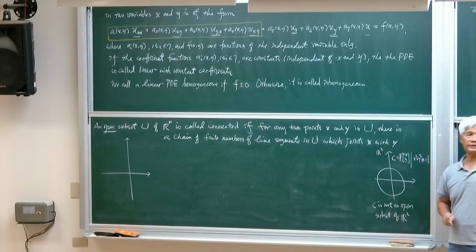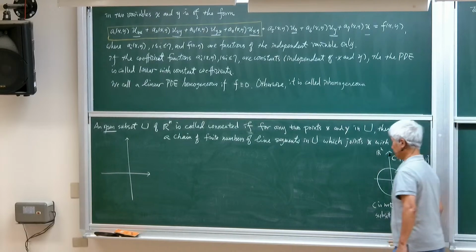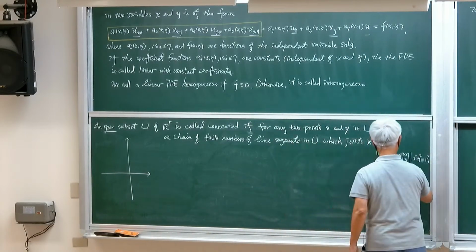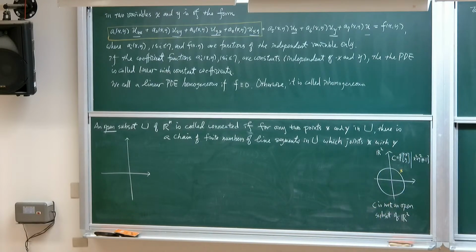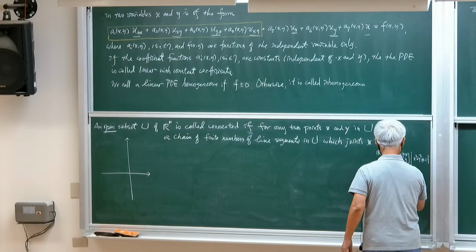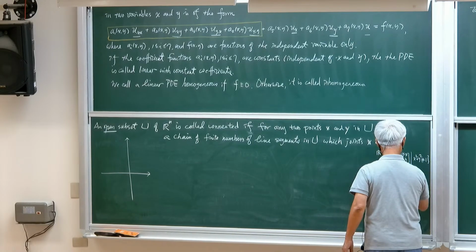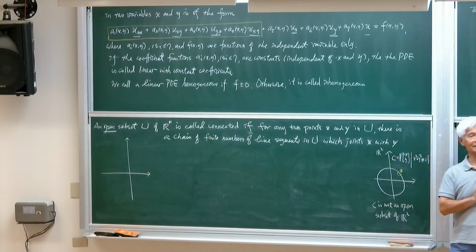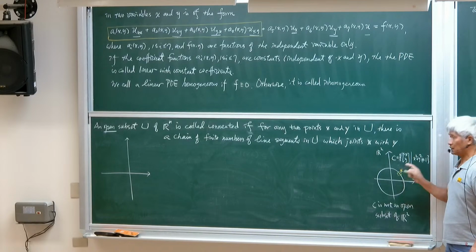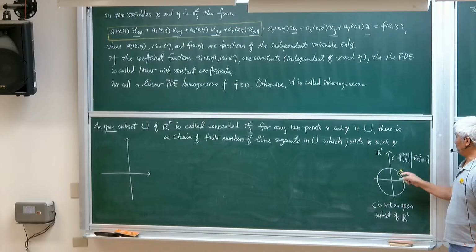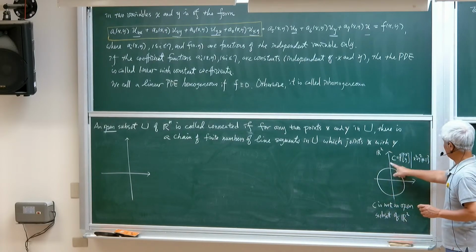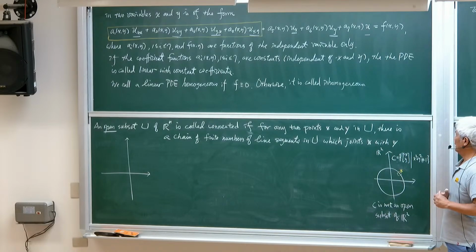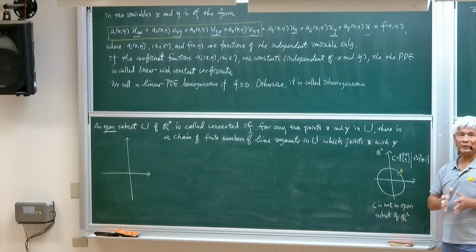Obviously, because if you pick a point on the circle and construct an open ball, no matter how small its radius, another part of the open ball will be outside of the circle. So a circle in the plane is not an open subset.